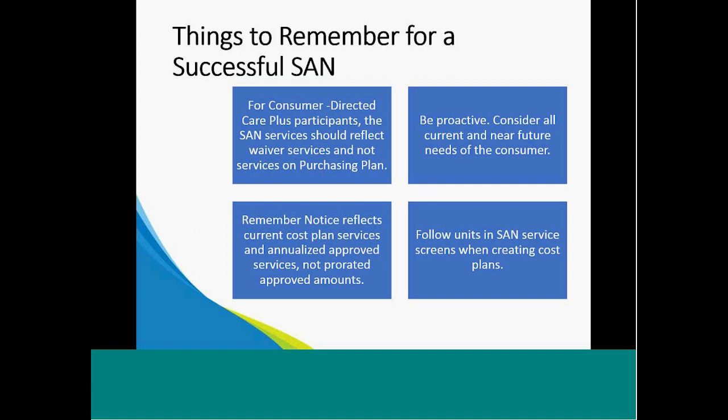If you know there's something the consumer needs now, but they're going to be aging out of the school system before the end of the current fiscal year, go ahead and consider the services a person may need once they're graduating from school, and include it all on the same SAN. That will make for a more effective use of time.